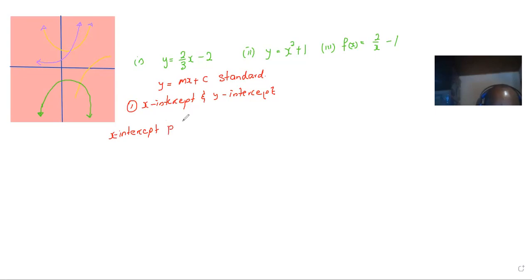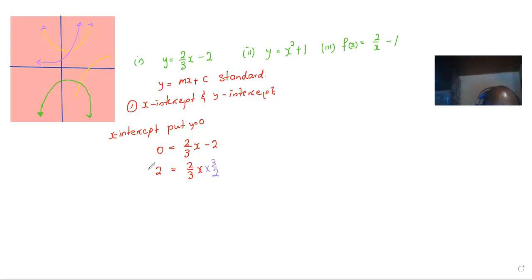We put y is equal to 0. That's going to be 0 is equal to 2/3 x minus 2, which means 2 will equal 2/3 x. Our aim is to solve for x, so we multiply by the reciprocal, 3/2.